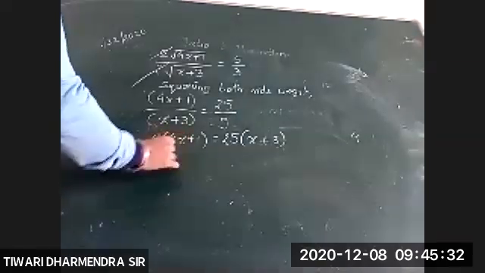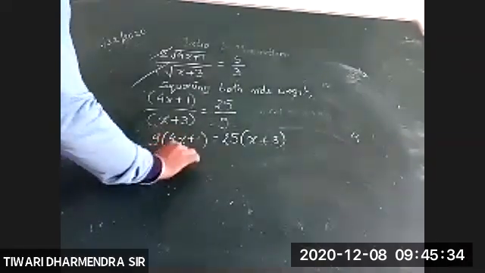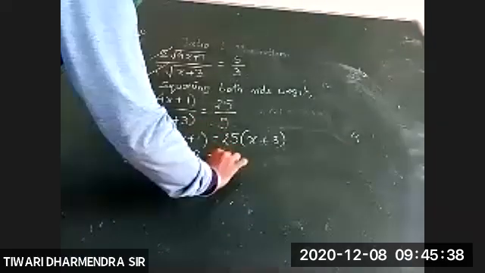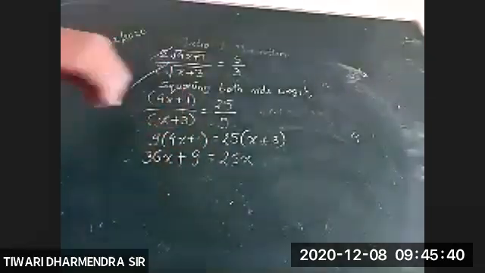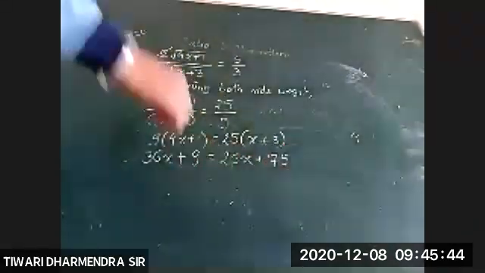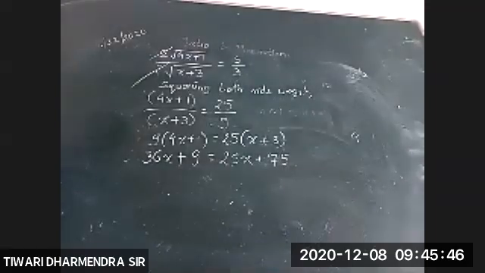After opening a bracket, 9 fours are 36x plus 9 ones are 9 is equal to 25x plus 25 threes are 75. Okay.